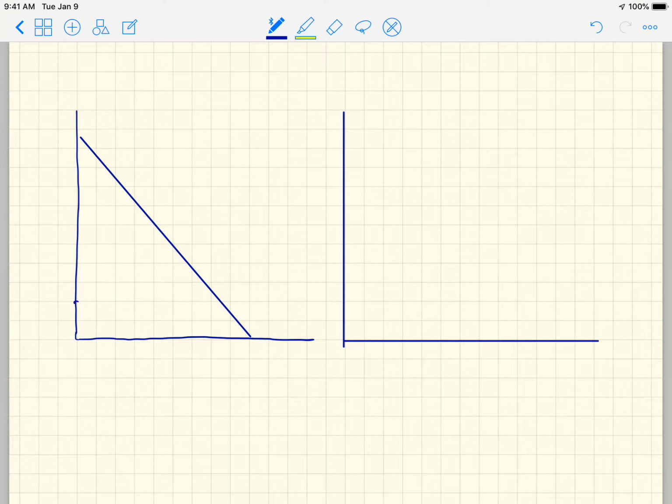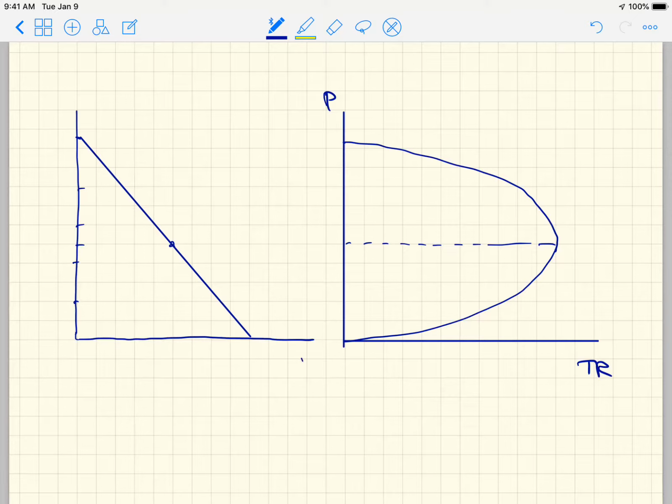So 1, 2, 3, 4, 5. So that's the midpoint, so that will be the maximum total revenue. Okay, good enough. So total revenue, price, quantity, price.